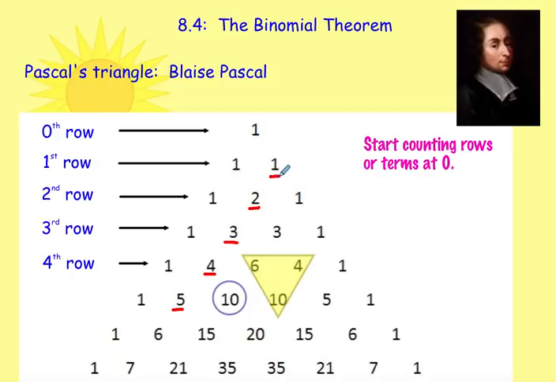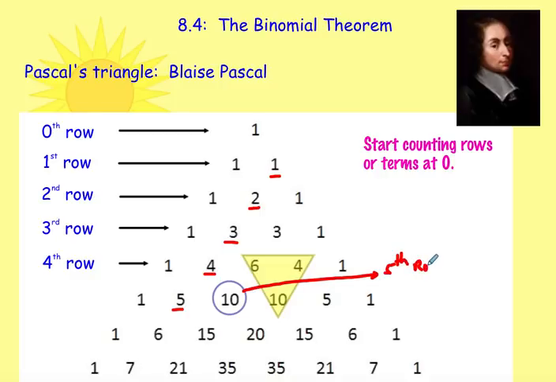Here's the first row. So you see how this would be the 0th row if you want to think of it that way. Also start counting your terms at 0. So for example, this circled 10 right here, this is in the 5th row. It's in the 5th row. My pen is a little bit not the best.